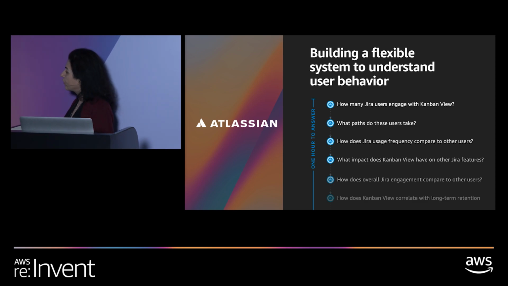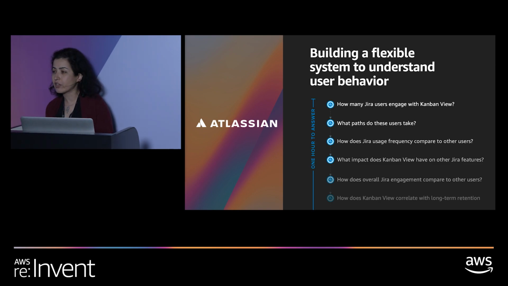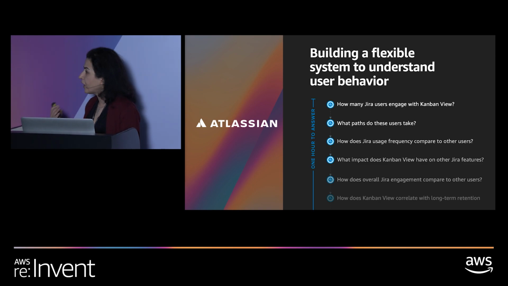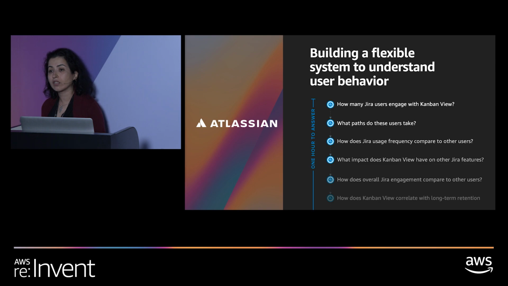And people who are using Kanban view, how is their behavior different than people who are not using Kanban view? Is there any correlation with users that are using Kanban view with their long-term retention? And they also want to answer this question quickly, because they ask one question, they get an answer, then they ask the next question, and they get another answer until they get something actionable.